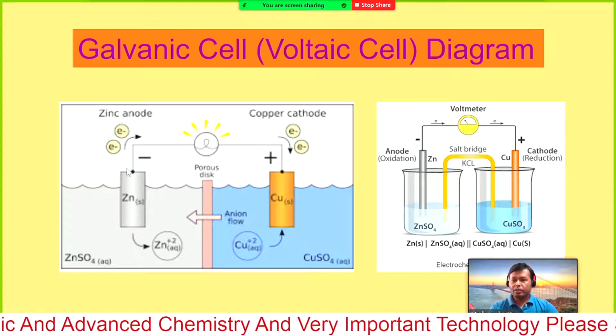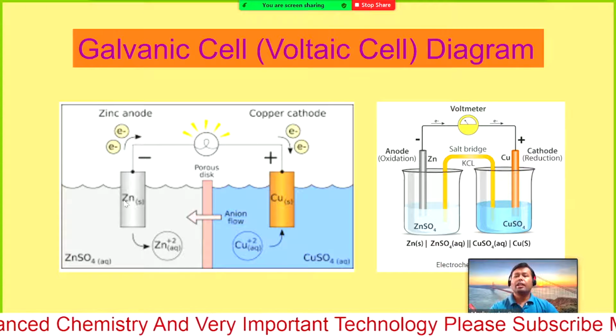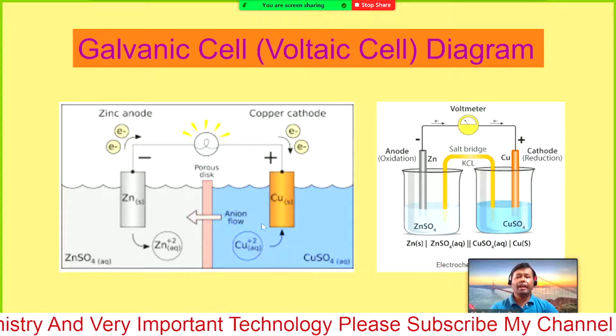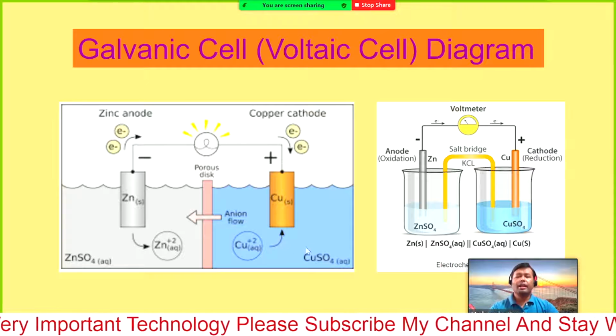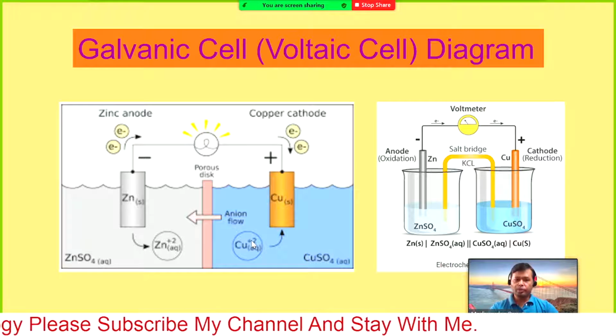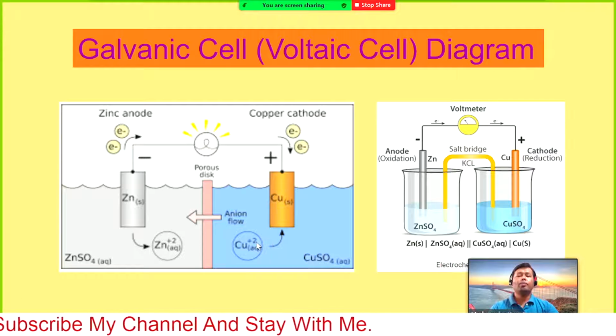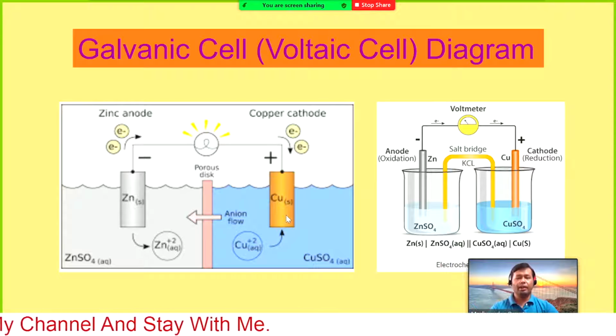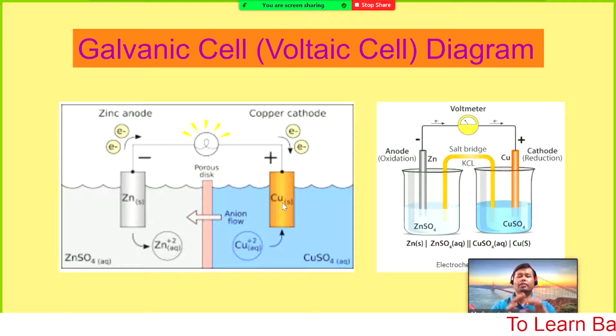The electrons pass through here and come to this side, and the copper 2 plus ion takes those 2 electrons to form copper metal. So this copper deposits on this electrode, which makes the size of this electrode bigger.